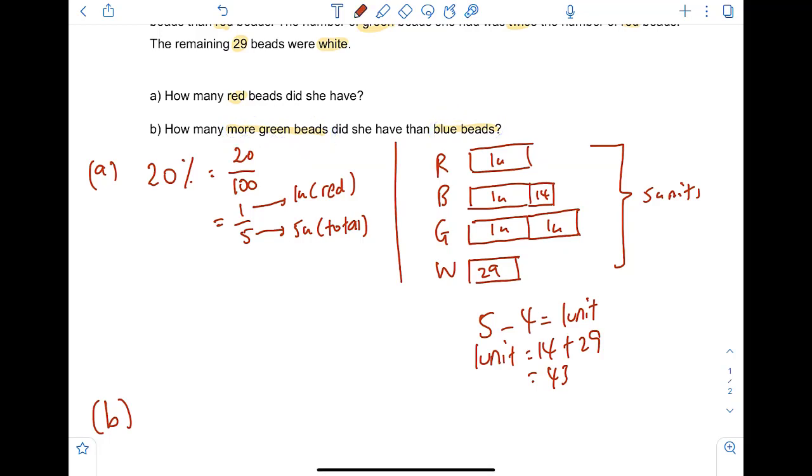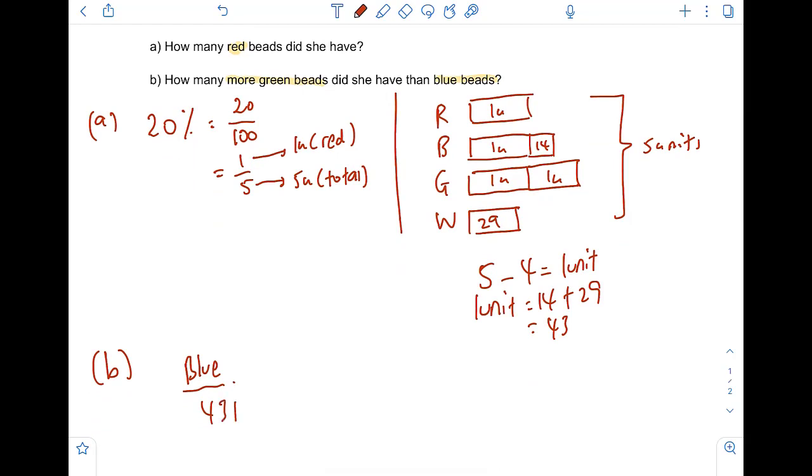To do this, we find the number of blue beads first. That will be 1 unit plus another 14. So 43 plus 14, 57 beads. And we do the same thing for the green beads.